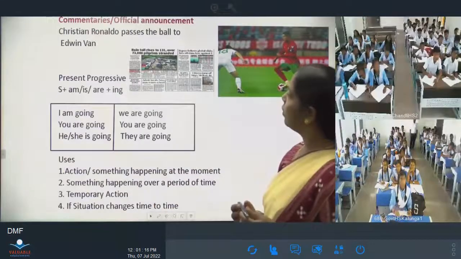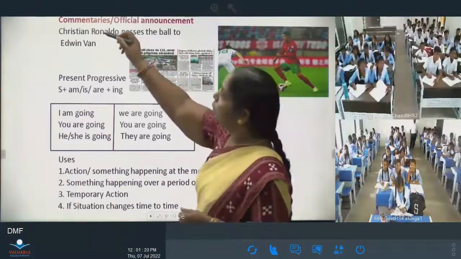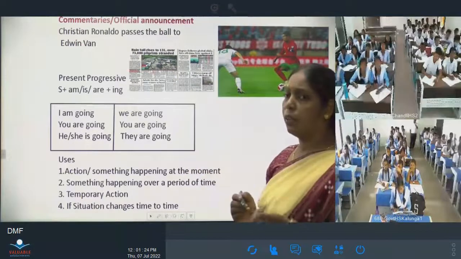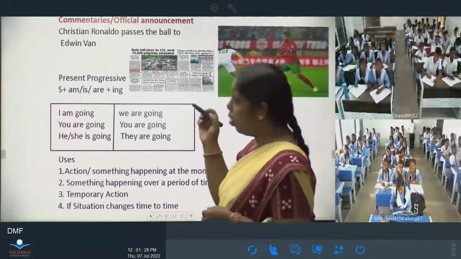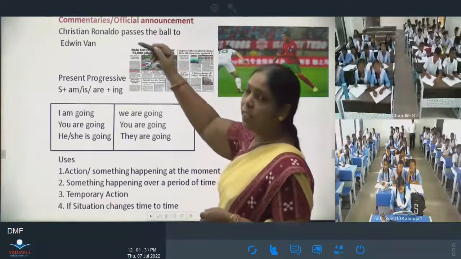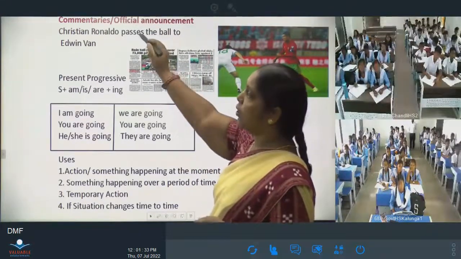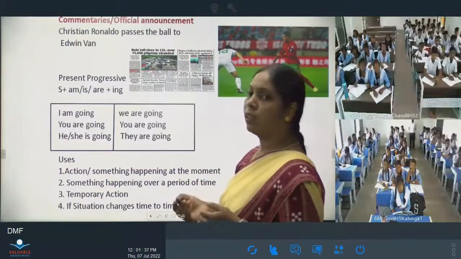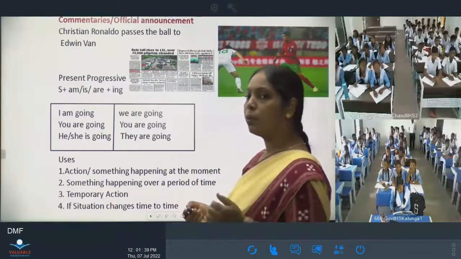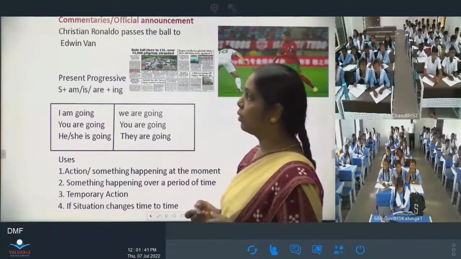There is another point here. When we listen to the radio, when we see or listen to matches on radio, and there is a commentary, the commentators always use present simple tense.